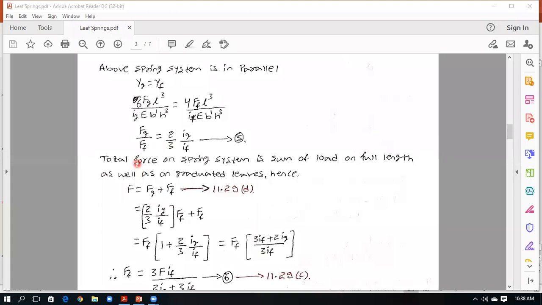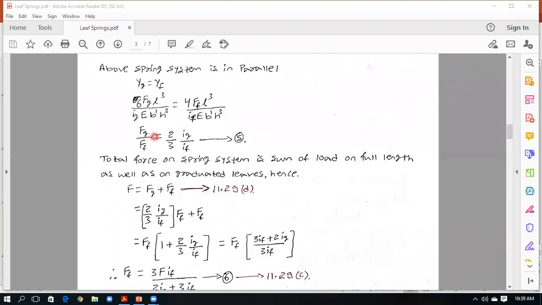Now the spring system is in equilibrium. Therefore, the total force on the spring system is equal to the sum of the load on the full length leaves as well as the load on the graduated leaves. This is there in your data book, equation number 11.29d.